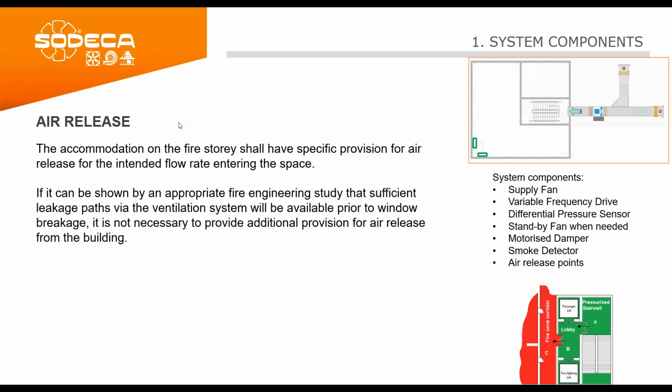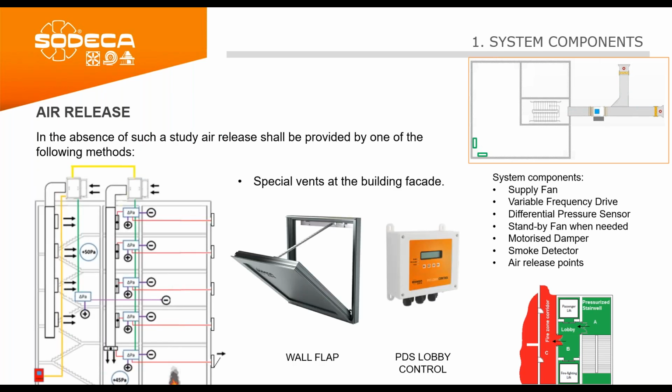The standard says that if it can be shown by an appropriate fire engineering study that sufficient leakage paths via the ventilation system will be available prior to window breakage, it is not necessary to provide additional provision for air release from the building. But if this cannot be demonstrated, in absence of this study, the standard gives three different possibilities for the air release.